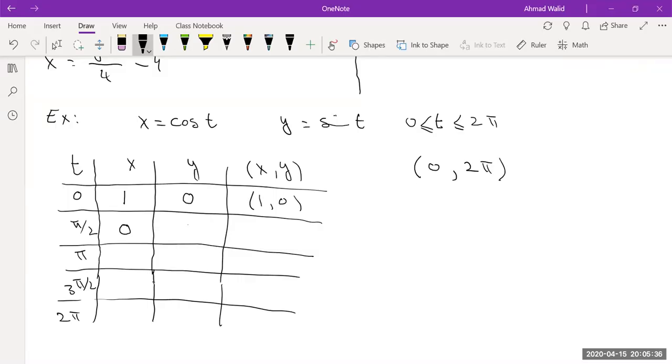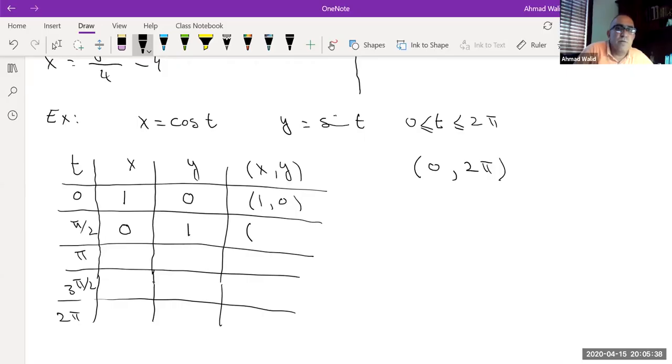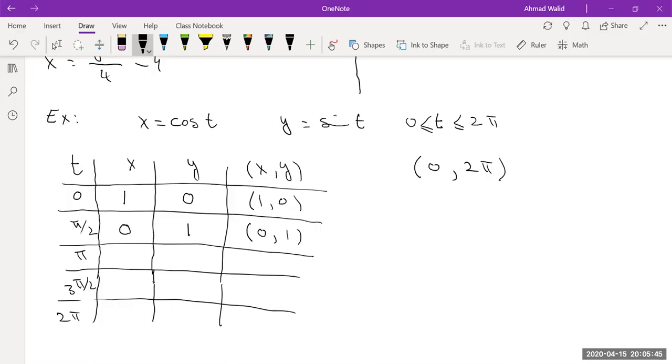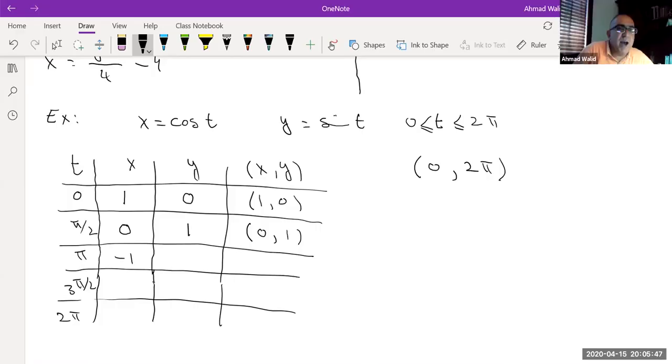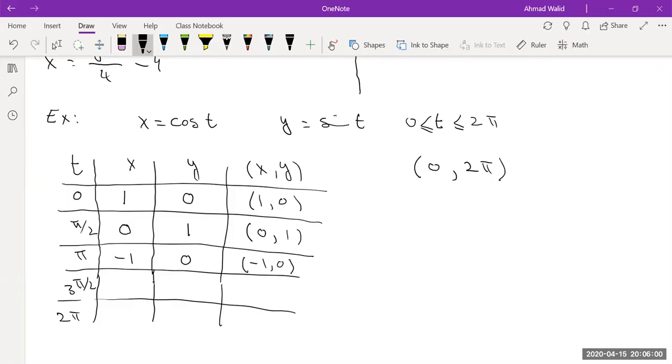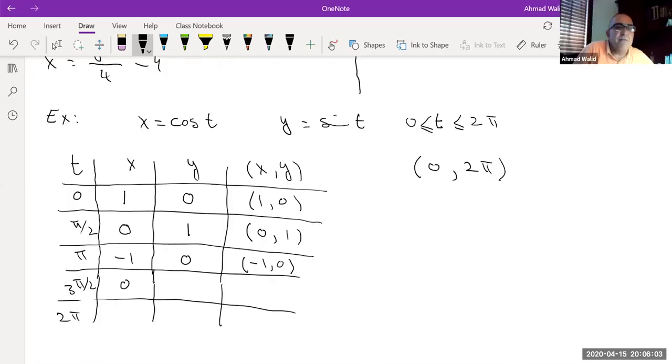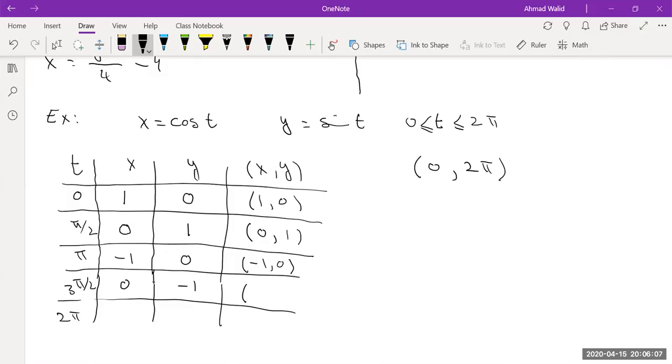Sine of pi over 2? 1. What is cosine of pi? -1. Sine of pi? 0. What is cosine of 3 pi over 2? 0. Sine of 3 pi over 2, negative 1, right?